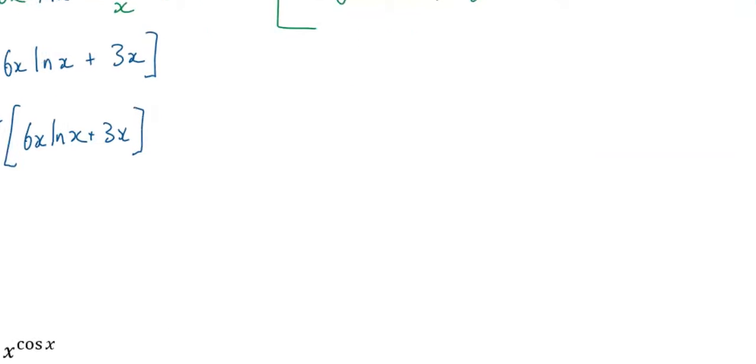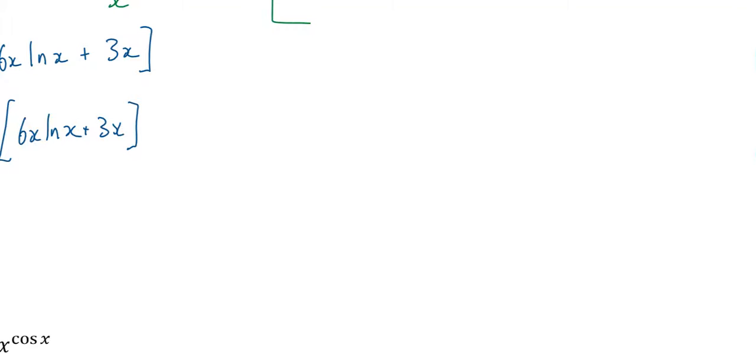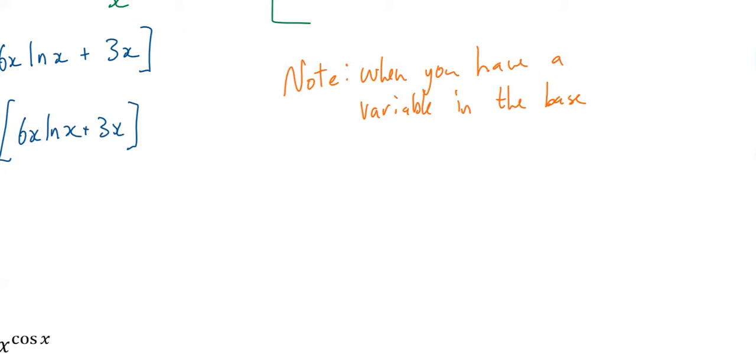So when you have a variable, of course in this case x, but it could be any variable, generally speaking for us it's x. When you have a variable in the base and the exponent, we're going to use logarithmic differentiation. So we're going to take the log of both sides first.